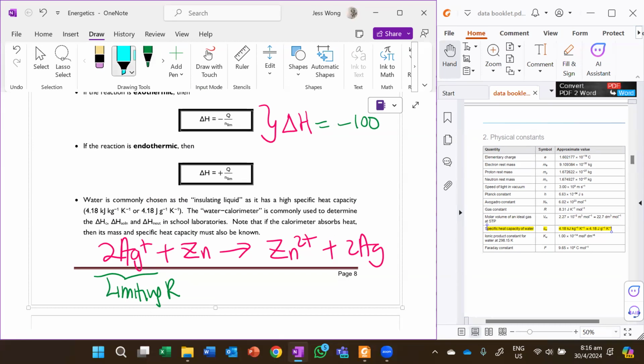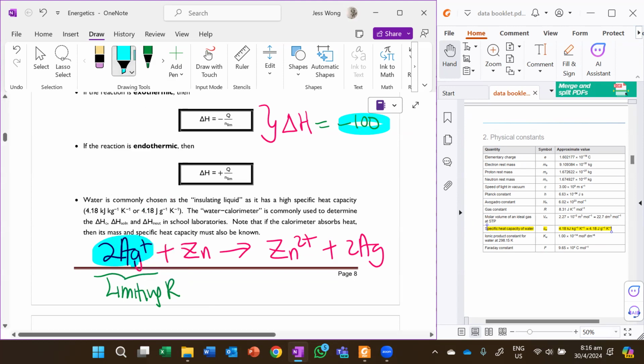But because there were 2 moles of limiting reagent here, I will have to multiply by 2 for this reaction. So if you calculate the amount of heat divided by the number of moles of limiting reagent, you get the value. You'll find that it is minus, let's say, 100 kilojoules per mole of limiting reagent.